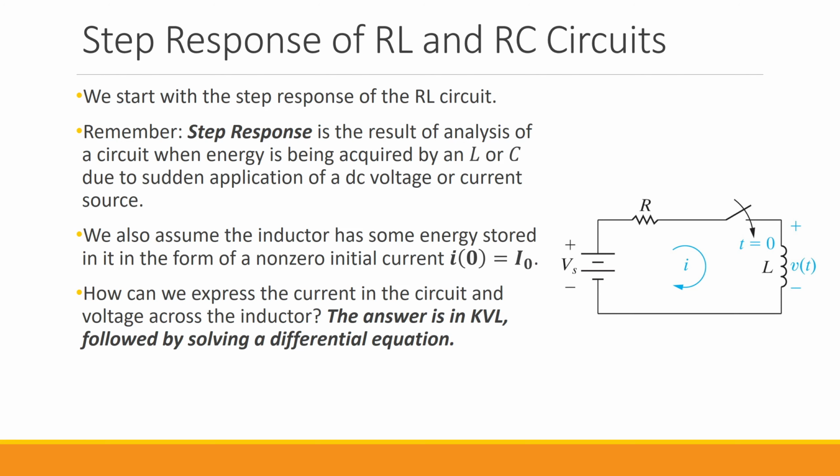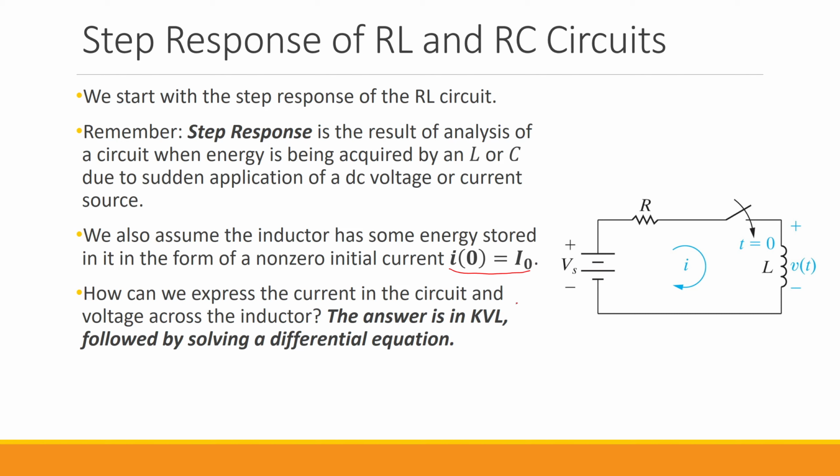For this analysis, we also assume that the inductor has some energy stored in it. And if you remember from before, the energy in an inductor is stored in the form of initial current. So we consider I at time 0 to be I subscript 0.